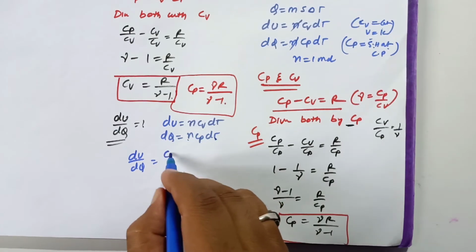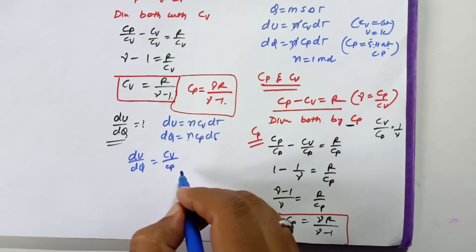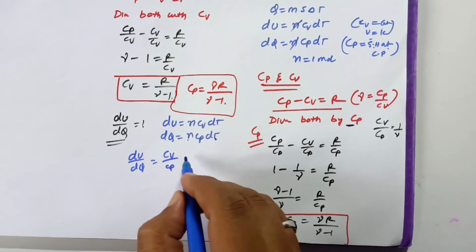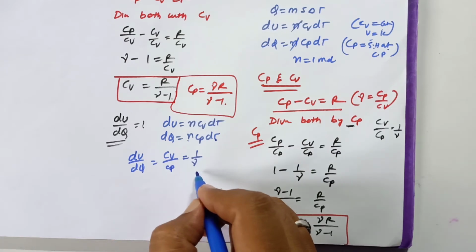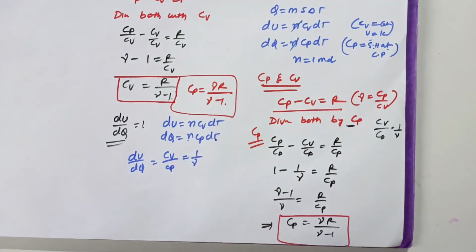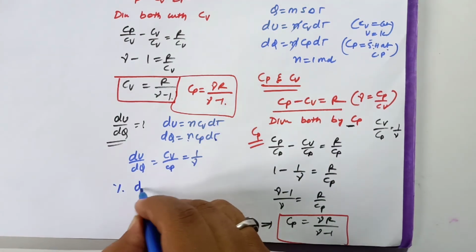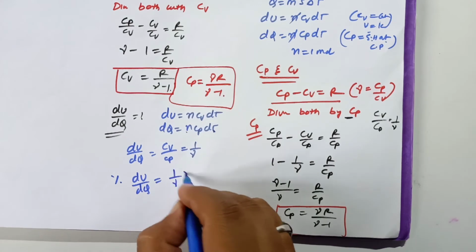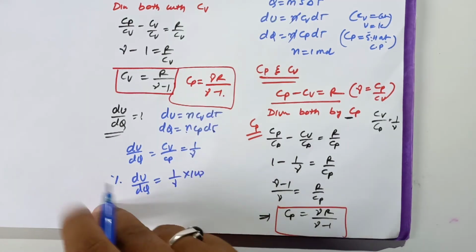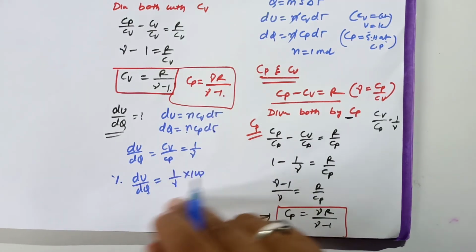What is left now? Cv by Cp is left, which is nothing but 1 by gamma. So this is the value of delta U by delta Q. If he asks percentage of dU by dQ, then you just do one thing. 1 by gamma into 100 you have to do here.